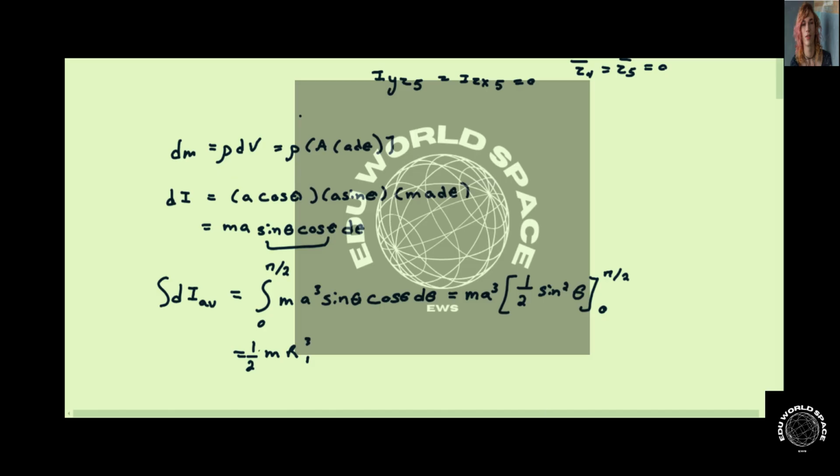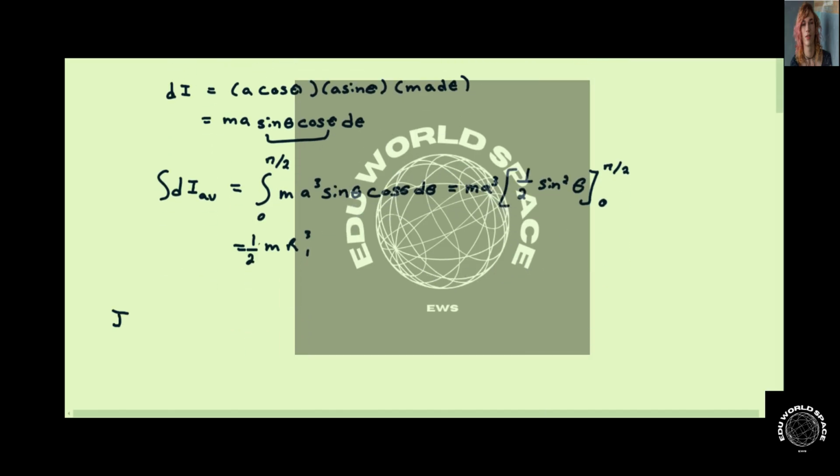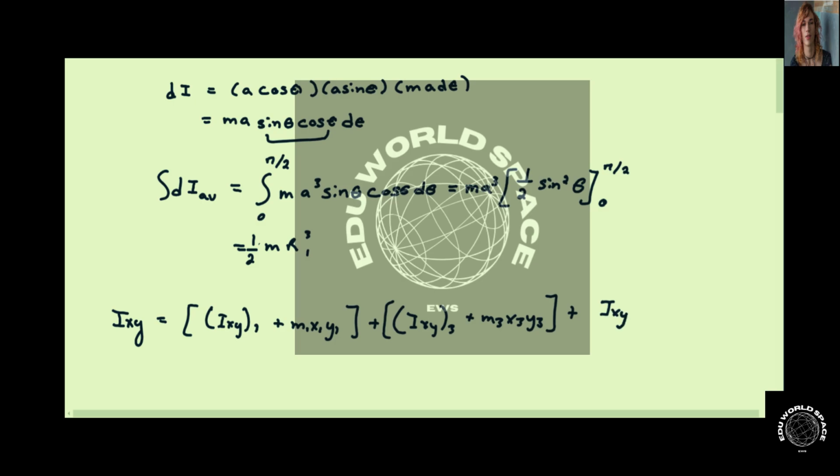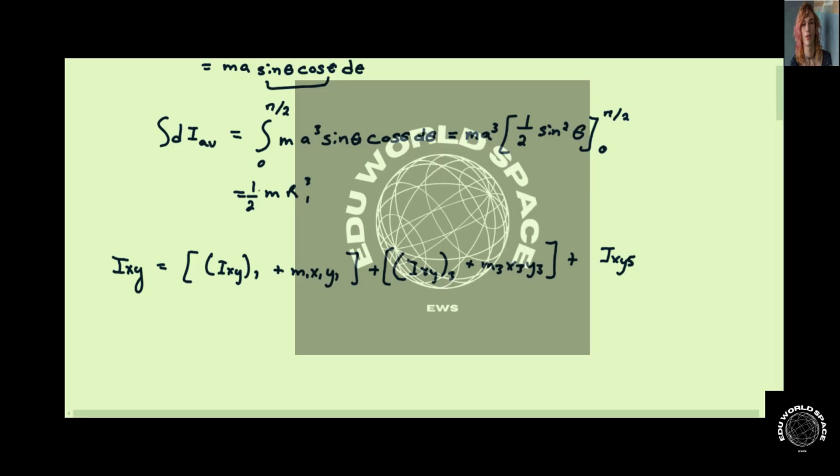And so now what we're going to do is your I_xy is going to be equal to your I_xy1 plus m1x1y1 plus I_xy3 plus m3x3y3 plus I_xy5. And this whole thing is going to equal 1/2 m R1 3.